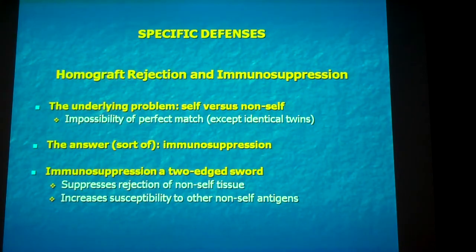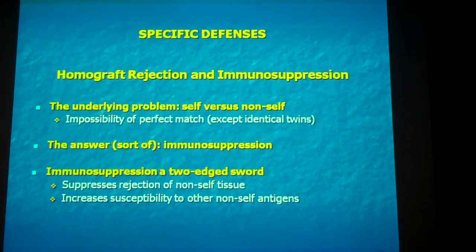Same bloodline. They're on immunosuppression for a while. The immune system is suppressed, right? Now, most of the time that works, but sometimes it doesn't. Sometimes the recipient will reject the organ anyway. All right? So the answer, sort of, is immunosuppression.